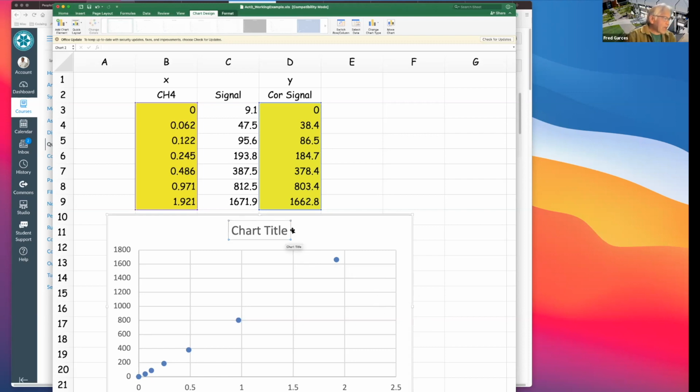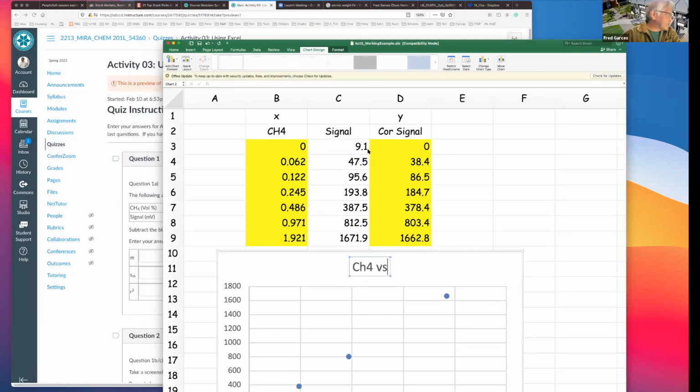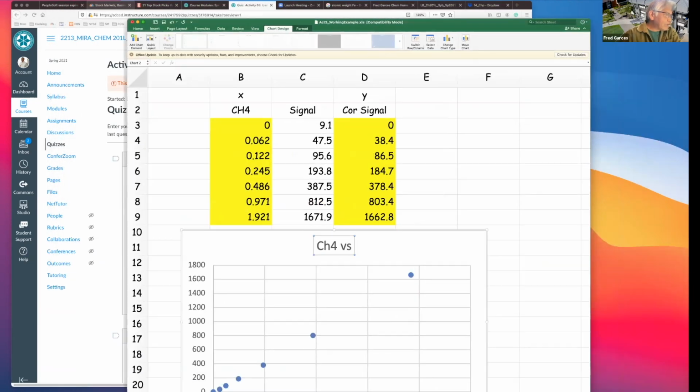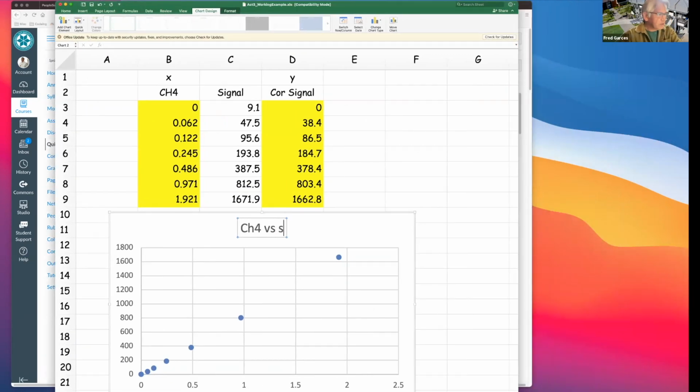If you click on the title, then you can highlight it and just put a title in there. You can say CH4 versus, in this particular case, I believe it was the millivolt signal in millivolts.